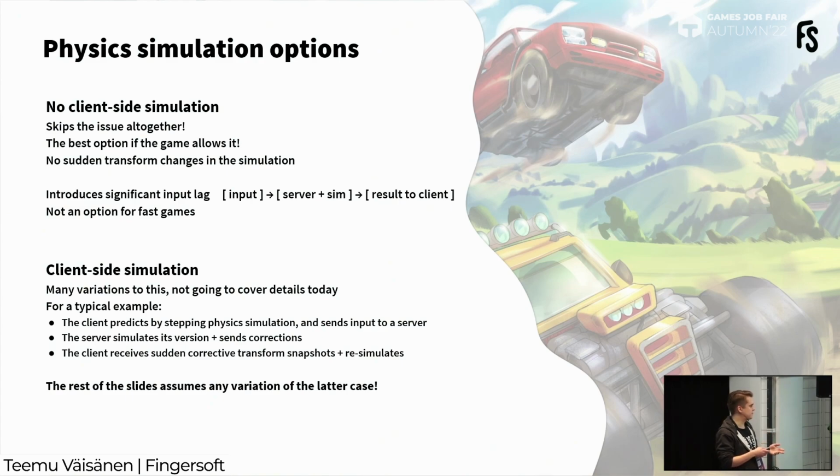Then the client has to go back in time to the original input that the server was handling, and do some kind of re-simulation. This is a good example of when you would do physics stepping in the background. There are multiple options here, and many cases where you want to run physics in a networked environment, but the rest of the slides assume that we are handling some variation of the latter case.